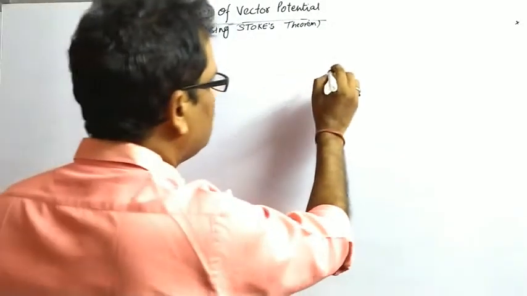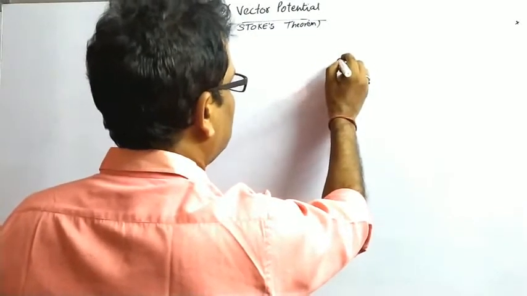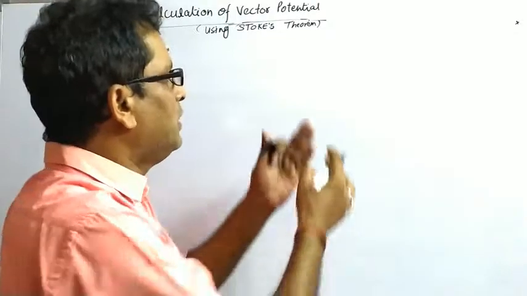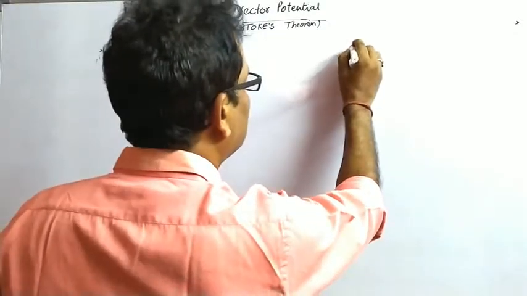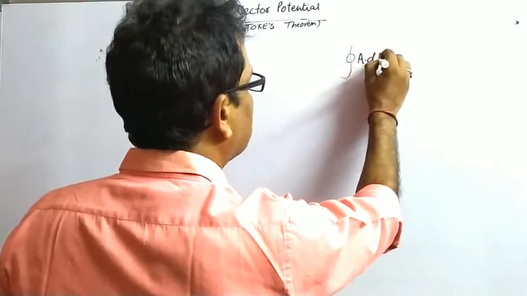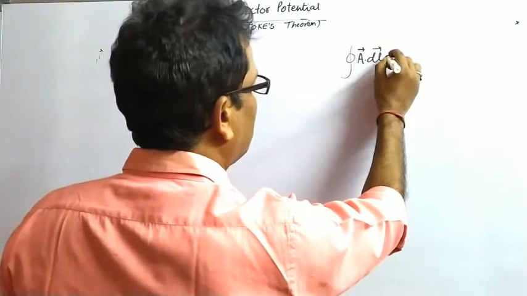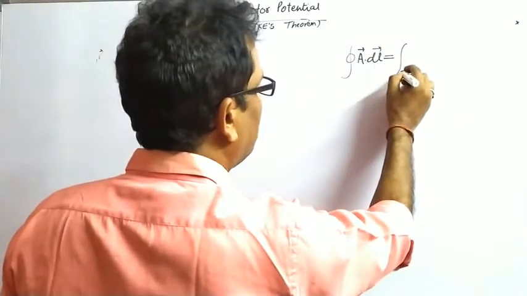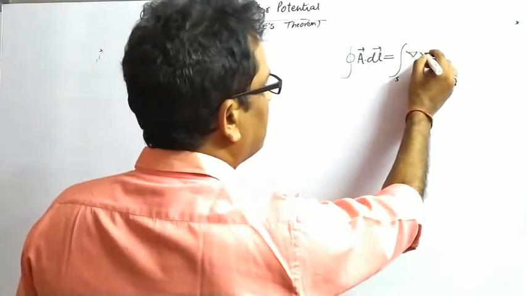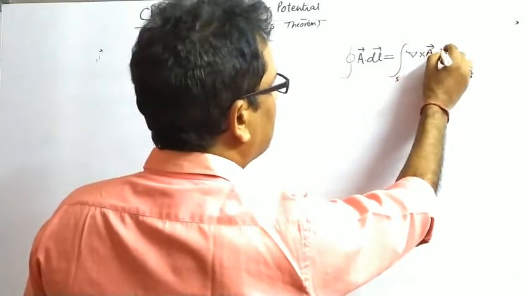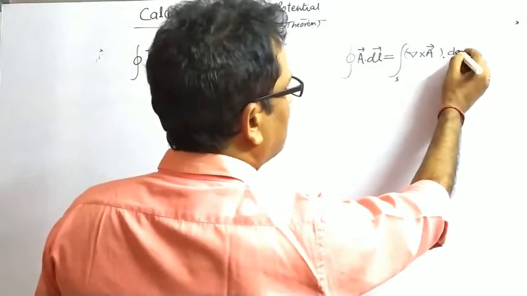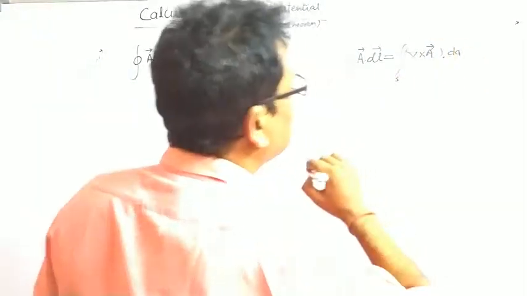Stoke's theorem says that a line integral can be converted into a surface integral, and the relation is: the line integral of any vector over a closed loop can be converted into the surface integral of the curl of this vector through a surface.